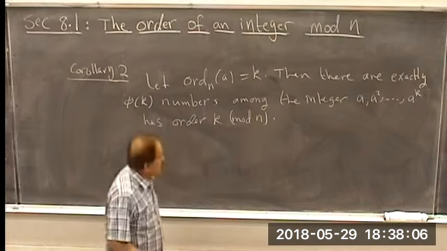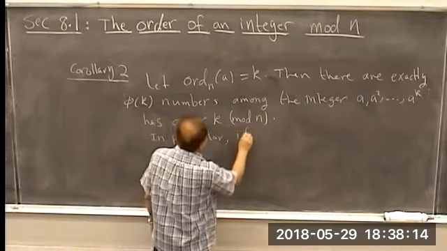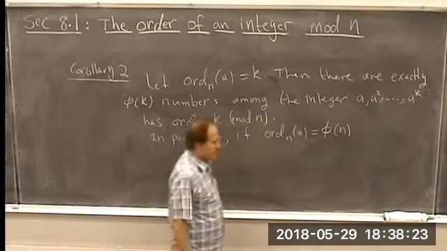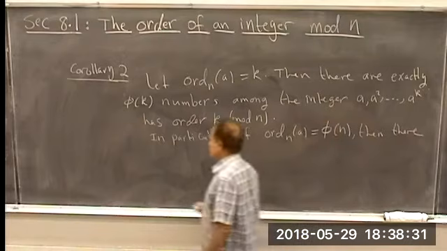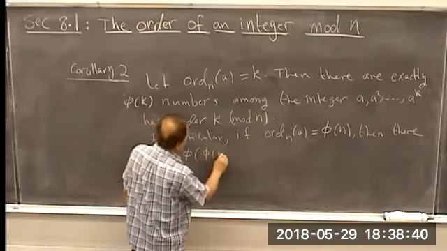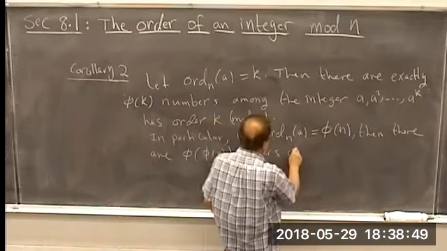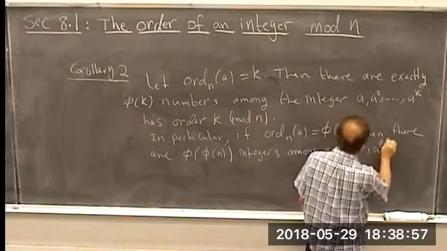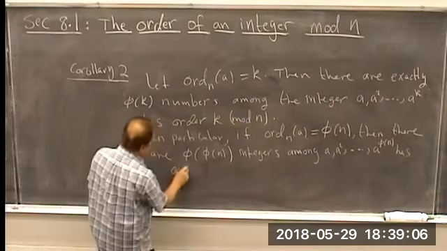All right? In particular, if the order of A is equal to phi of n, Euler's phi, then there are phi of n integers among a, a squared, up to a to the phi of n that have order phi of n.